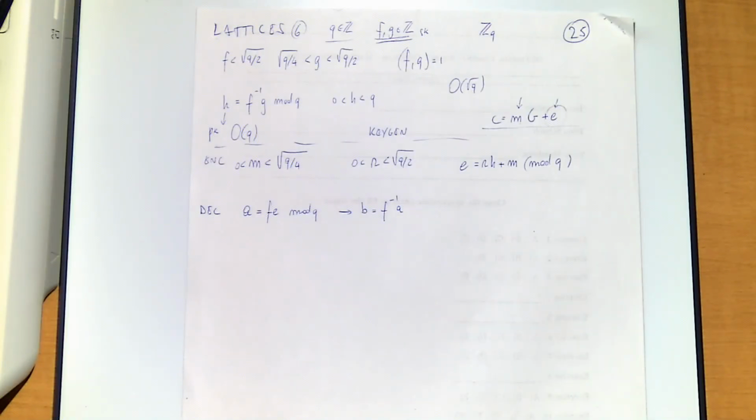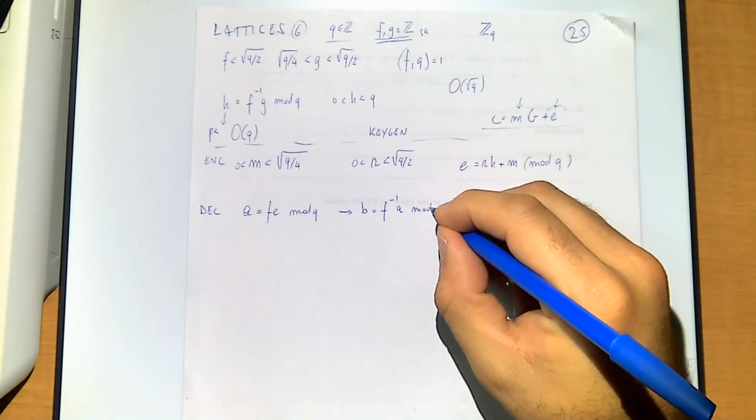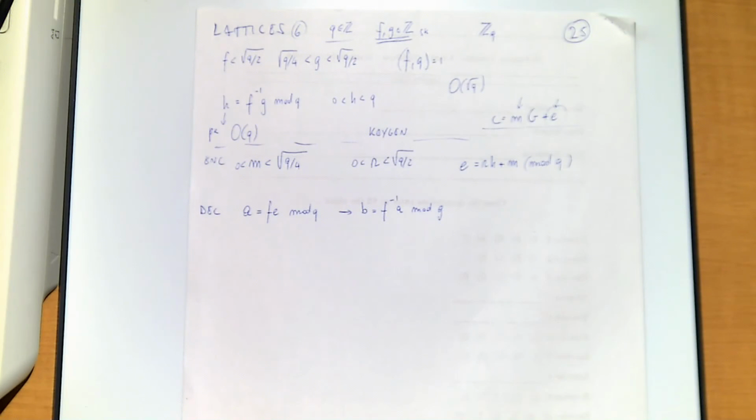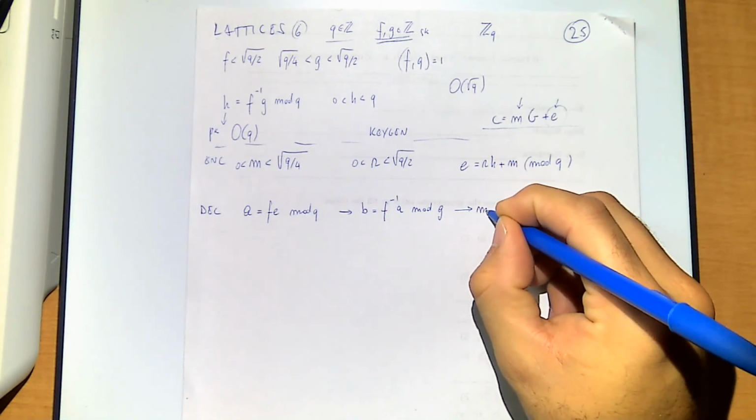You're multiplying by F, and then you multiply by F inverse. So this should cancel out. But in the process, what I'm going to do is take this modulo G, and the modulo G means that the G part is going to go away. And so now let's see that this actually gives me M.